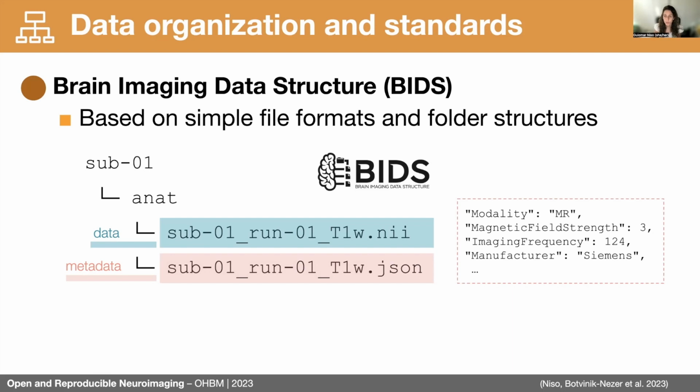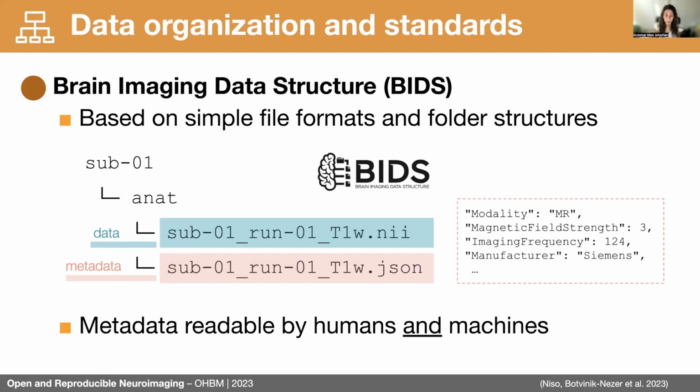So in these JSON files, we store fields like modality, magnetic field, imaging frequency, manufacturer, and all these kinds of details that otherwise would get lost or would be very difficult to obtain once the data is stored and some time passes.